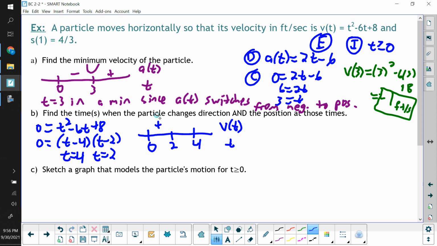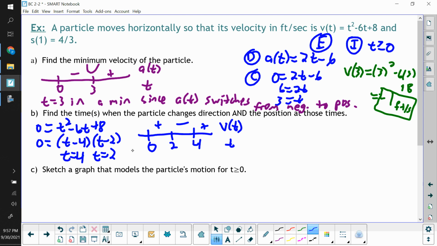If we sub 3 into the factored form, 3 minus 4 is a negative. 3 minus 2 is a positive. A negative times a positive is a negative. And something beyond 4 should give us a positive in both spots. So because we switch signs, we are changing directions.